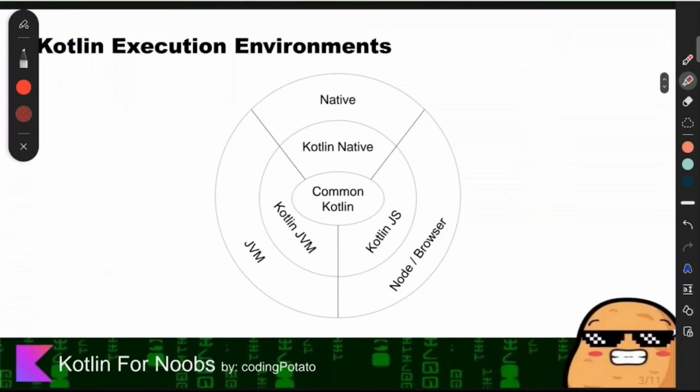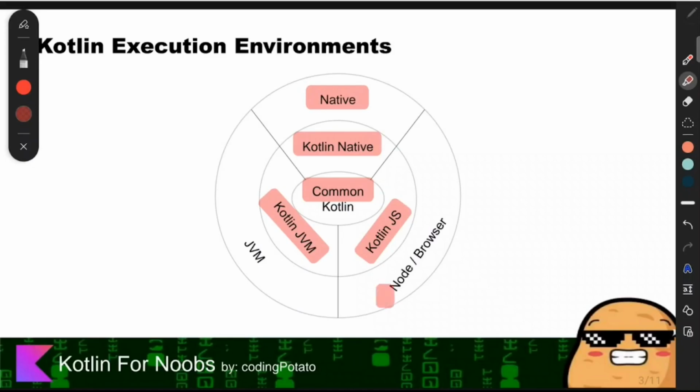Now, the execution environments, as you can see here, we have at the core the common Kotlin, and we have some wrappers around it. We have Kotlin native, Kotlin JS, and the Kotlin JVM, which is the Java virtual machine. These wrappers allow Kotlin to run in different modes. Kotlin native allows you to run Kotlin applications natively on your operating system.